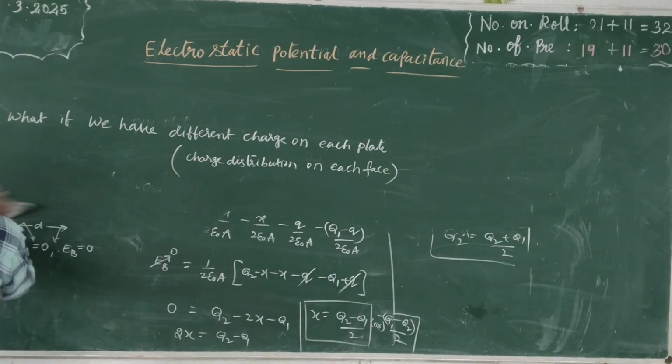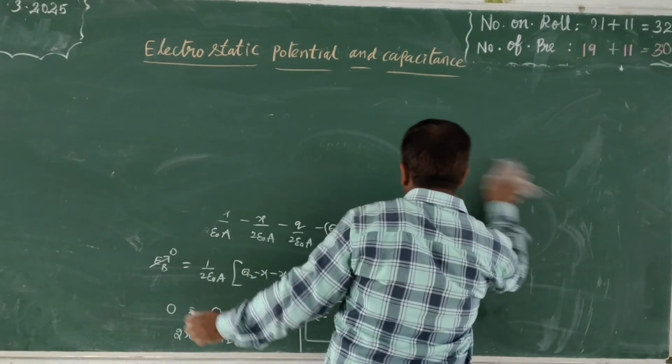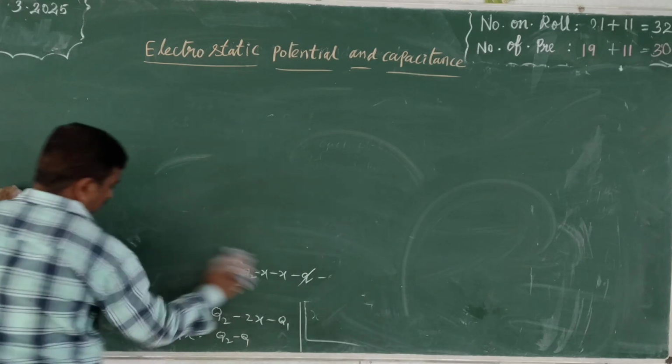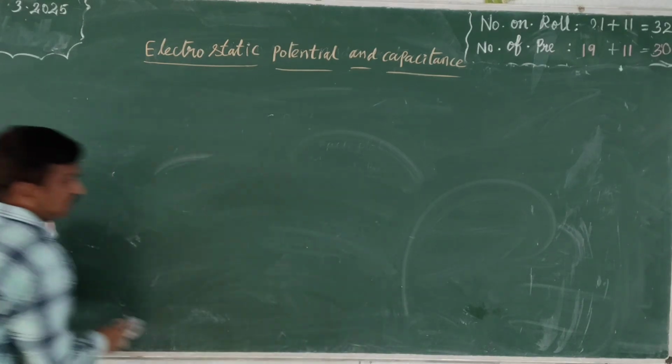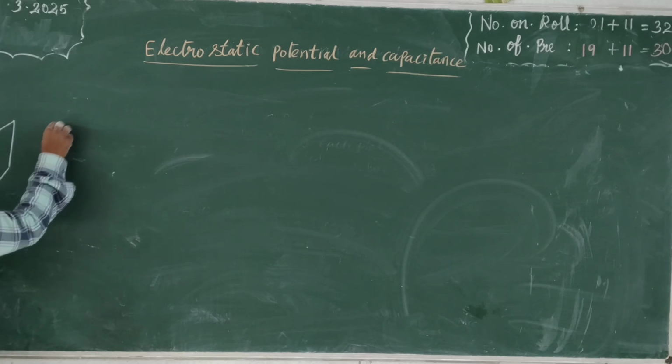See, one more problem is there, so we can do it. Now I write the formula, and then we can solve. See, for example, what is the formula? This is the parallel plates.